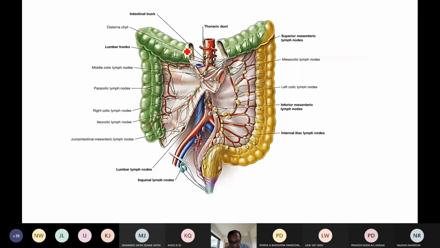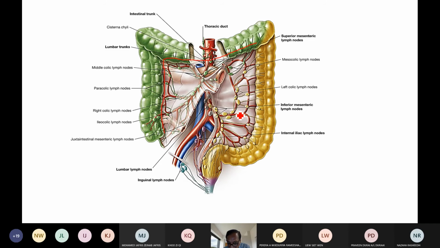So here you can see the picture. The green part denotes the midgut, from here until here, and the yellow part is the hindgut. And you can see the different lymph nodes also. These are inferior mesenteric nodes. These are superior mesenteric nodes.